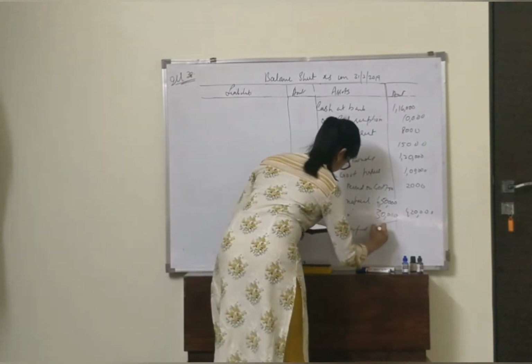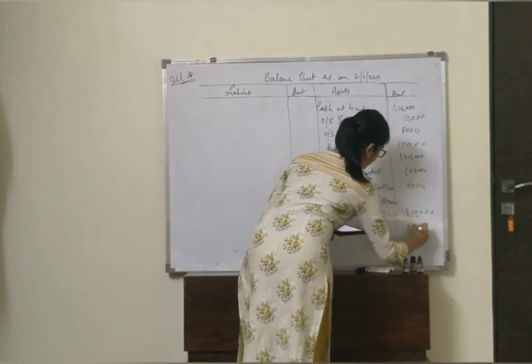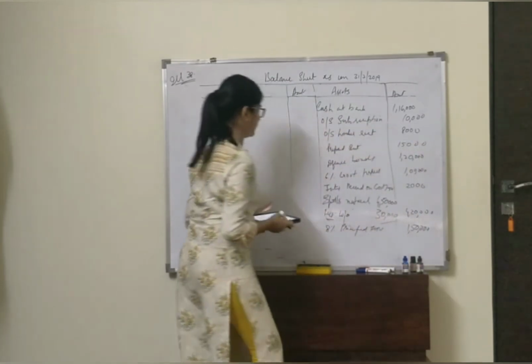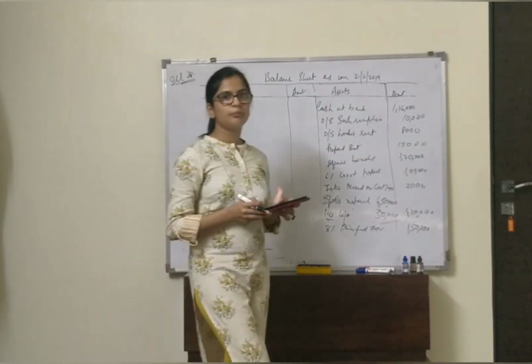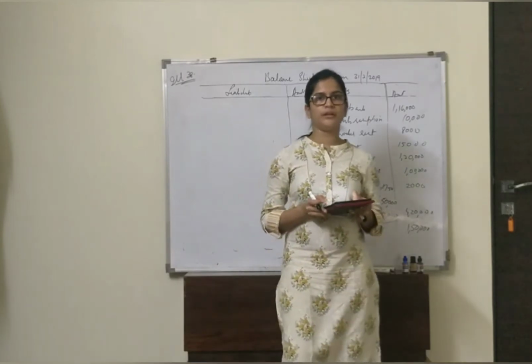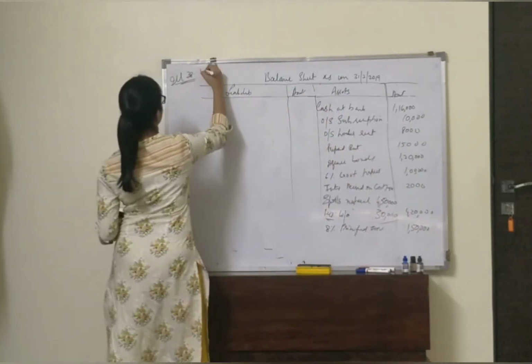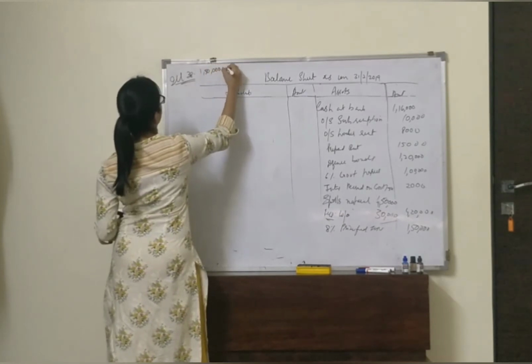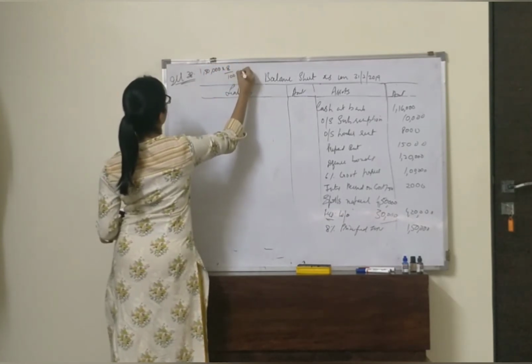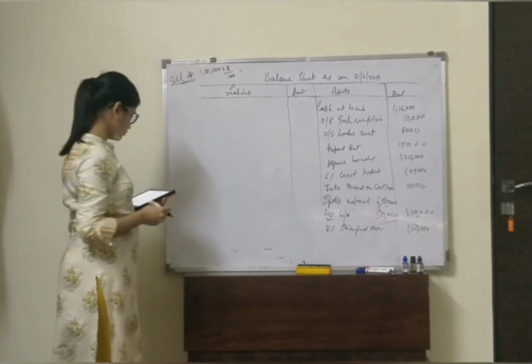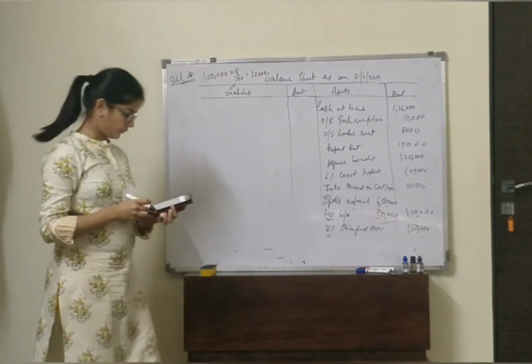Then we have 8% prize fund investment. We get 1,50,000. In this 8% prize fund investment, we also have interest. How do we calculate that? 1,50,000 into 8 by 100. How much do we get? 12,000.